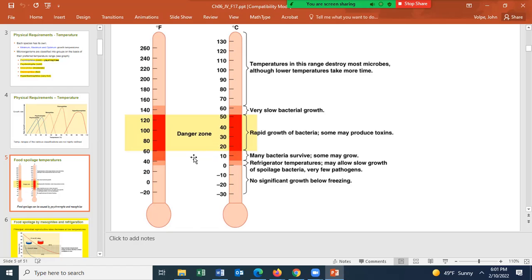Now, above and below that range, from 40 to 60 degrees Fahrenheit, and from 130 to 145 degrees, bacteria can grow, but their growth is slow.